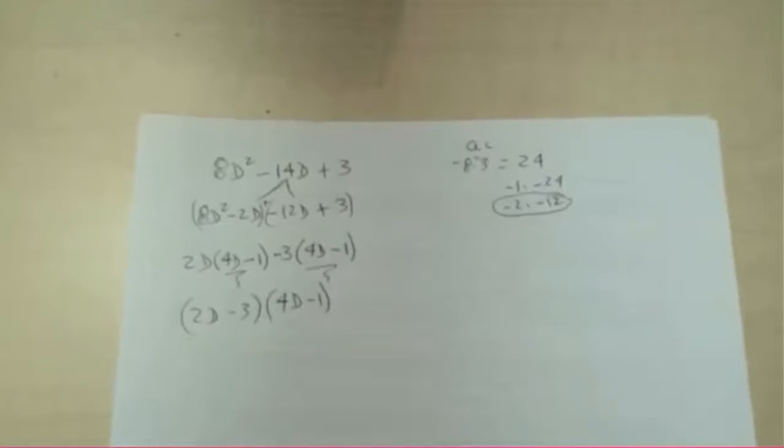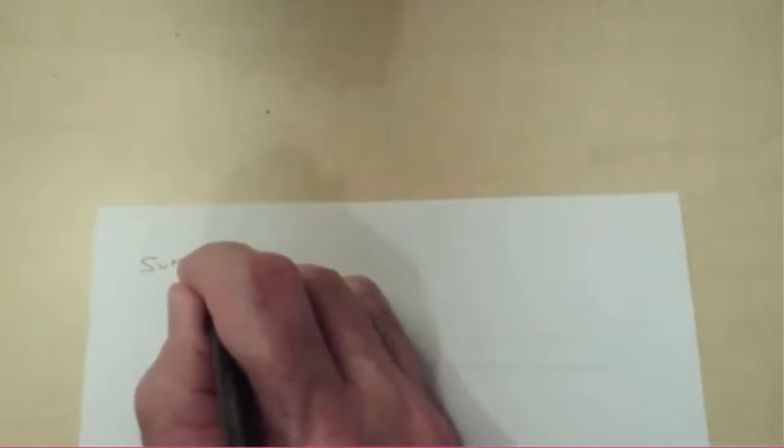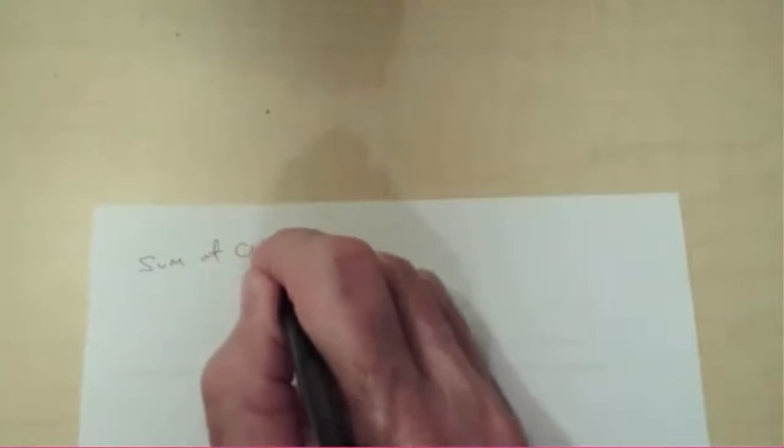And we're going to kind of switch gears here a little bit. Sum and difference of cubes. And don't be a hater here. These aren't difficult. They just look like they are. Sum of cubes. Now, what are cubes?